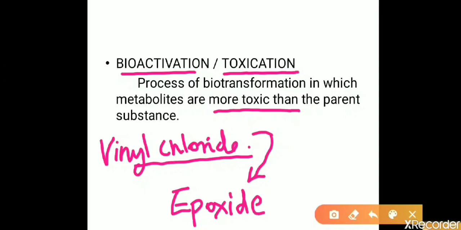Moreover, this epoxide form has a carcinogenic effect. So that conversion is known as bioactivation or toxication. Here, a chemical compound after metabolism is converted into a more toxic form, and the classical example is vinyl chloride.